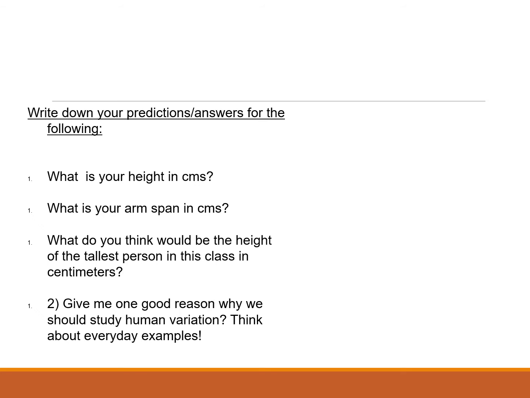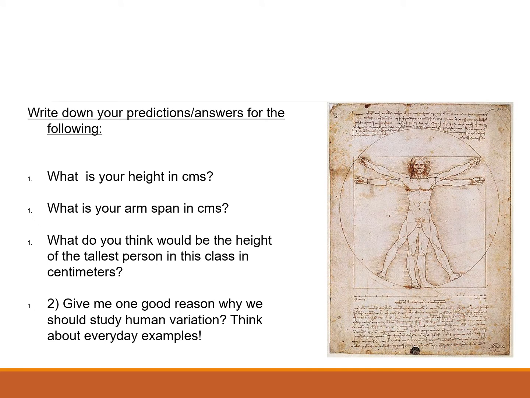If we were in the lab, we would have you do this activity. Unfortunately, we're not, but give the predictions of your height and arm span, and then number 2 would be give me one good reason why we should study human variation.